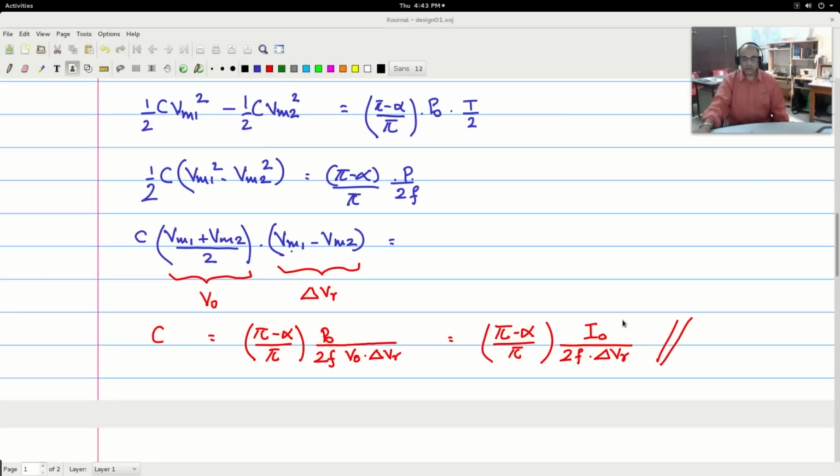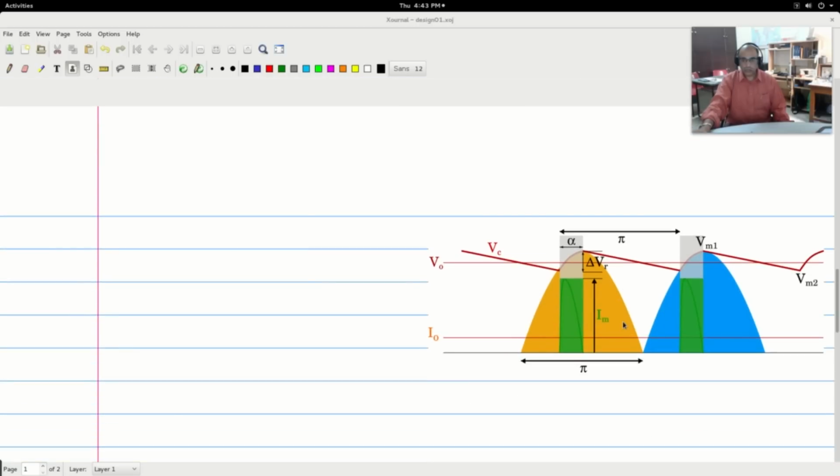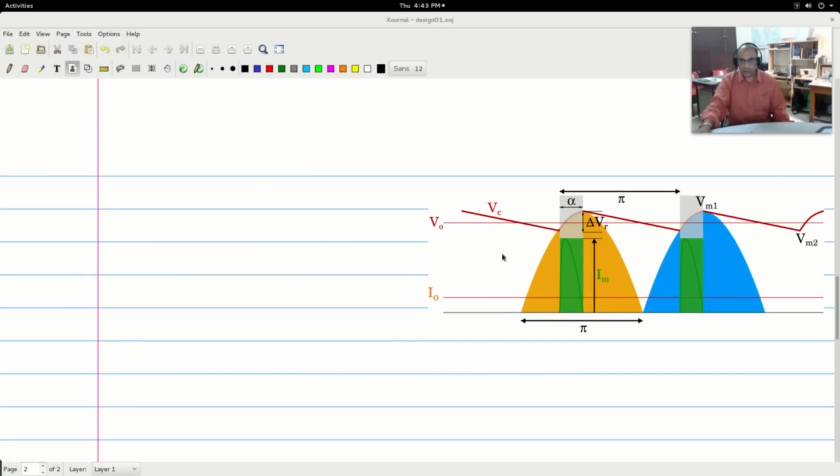Let us now calculate the RMS current that is flowing through the capacitance, because that is one parameter which we need to calculate, because that will indirectly affect the heating of the capacitor. So to do that, let me go back again to this conduction period, that is when the current is flowing.